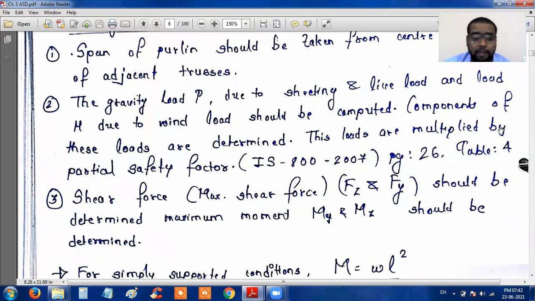These loads are multiplied by the partial safety factor, for safety. We will take the partial safety factor from the IS code, IS 800:2007, from page 26, table number 4.